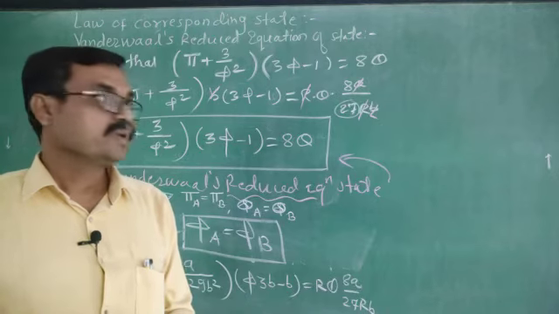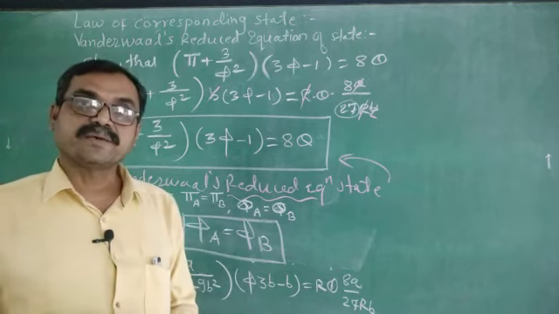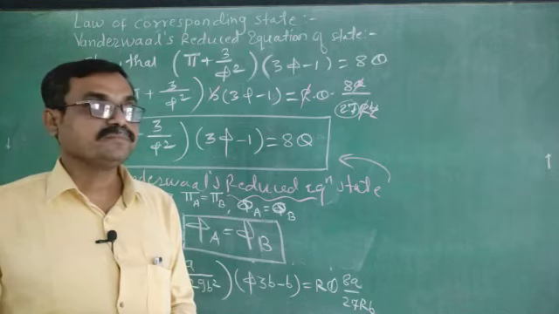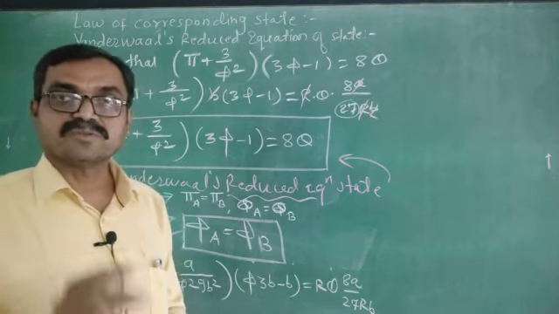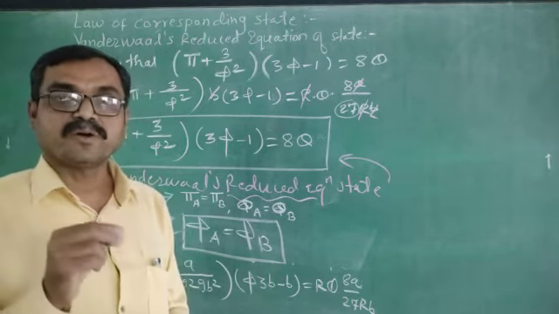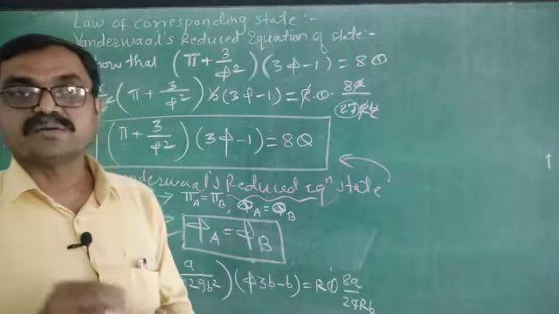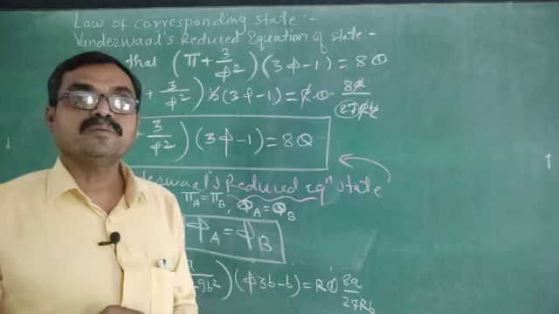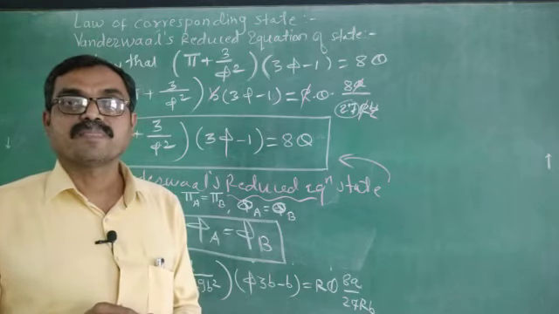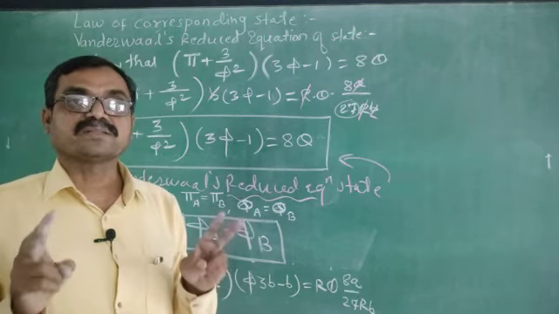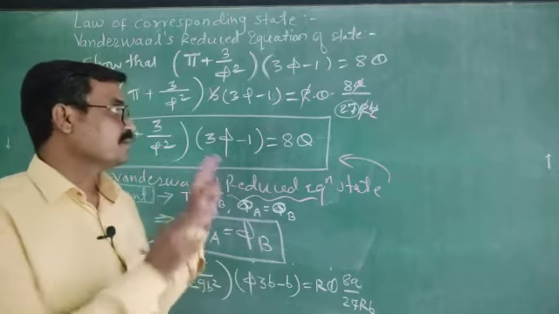Tc equals 8a upon 27 R b. Okay, Vc equals 3b, Pc equals a upon 27 b square, and Tc equals 8a upon 27 R b. If these 2 points are known to you, then it is quite easy.